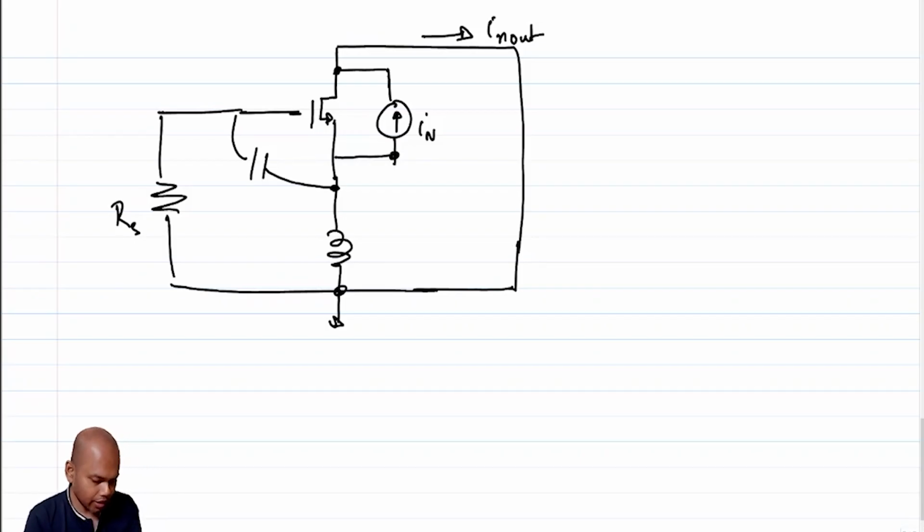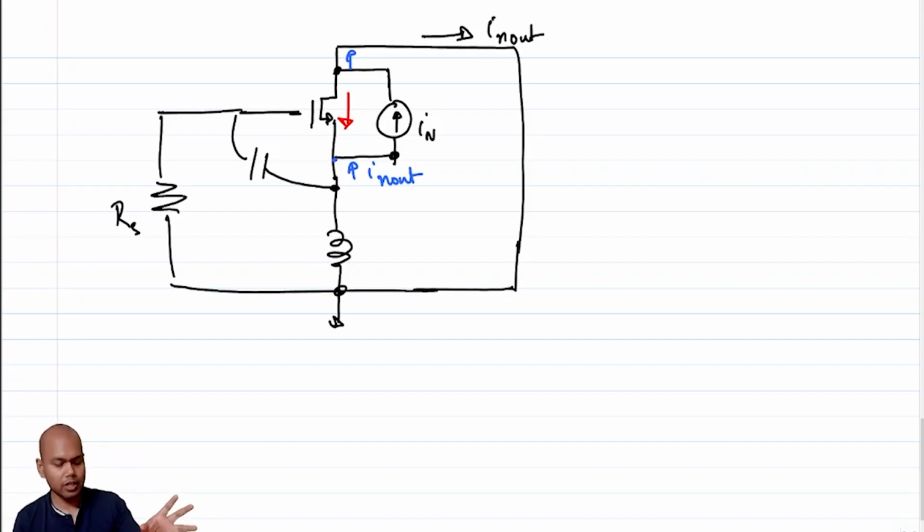Okay. So a few things. If that is In out, which means In out is coming from here, I know that In out has to go into that junction. So this has to be In out. That much I know for sure. Okay. So if that is In out, what is the noise current through the GM, right?